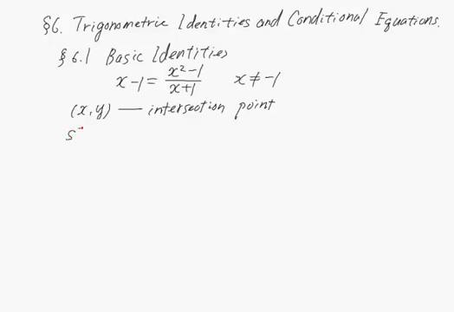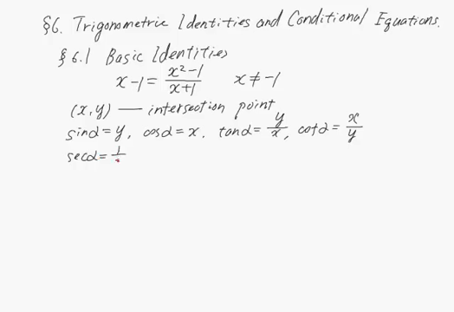So we know sine alpha is equal to y, cosine alpha is equal to x, tangent alpha equals y over x, and cotangent alpha is equal to x over y. Then secant alpha is equal to 1 over x, and cosecant alpha is equal to 1 over y.